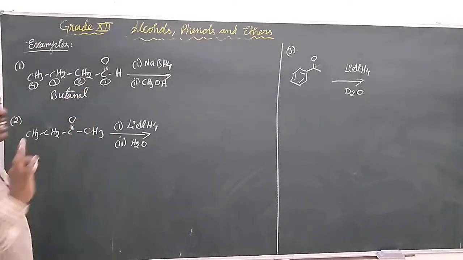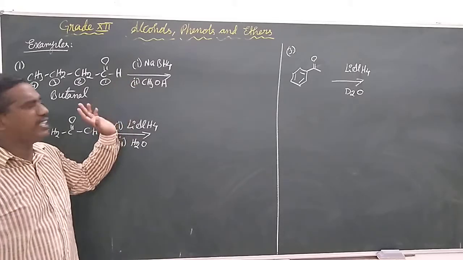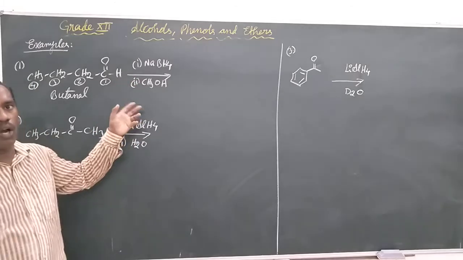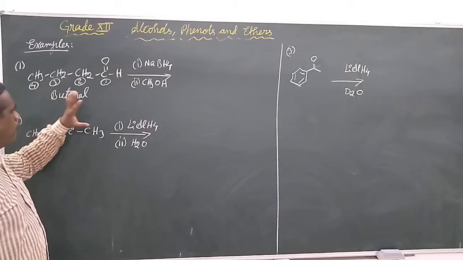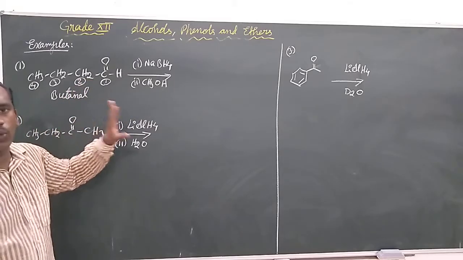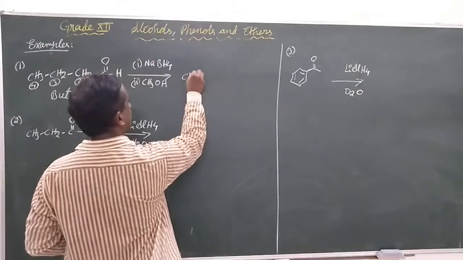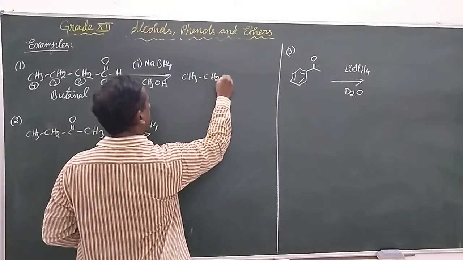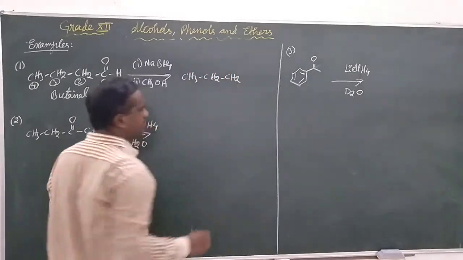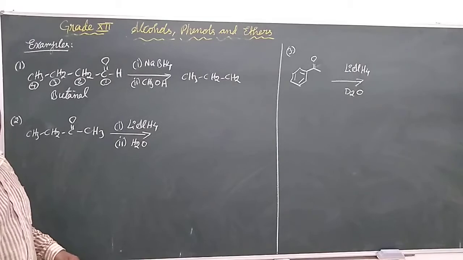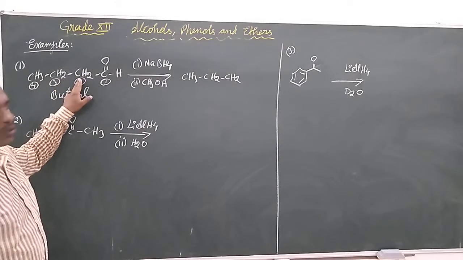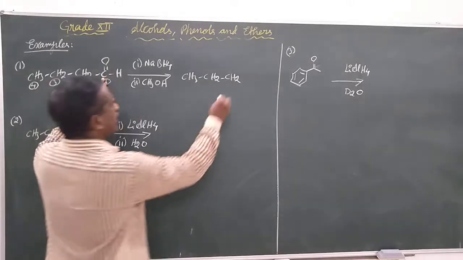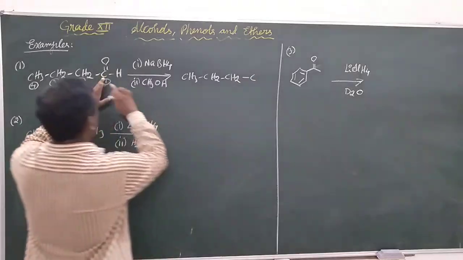So whenever an aldehyde is given and sodium borohydride is given with the solvent methanol, what product can we expect? We are going to convert aldehydes blindly into primary alcohols. The mechanism is just to understand, children, but in many exams we can write the product simply: CH3, CH2, CH2, and here we got a carbon.